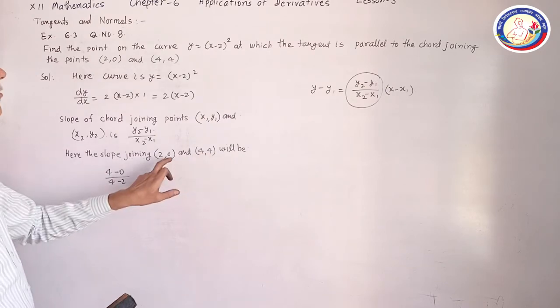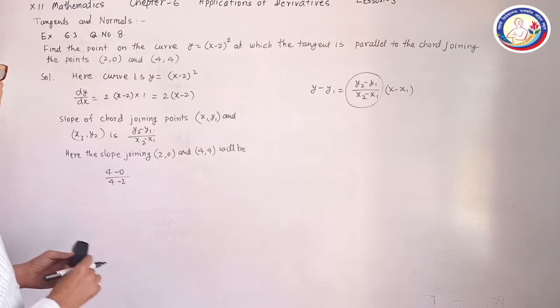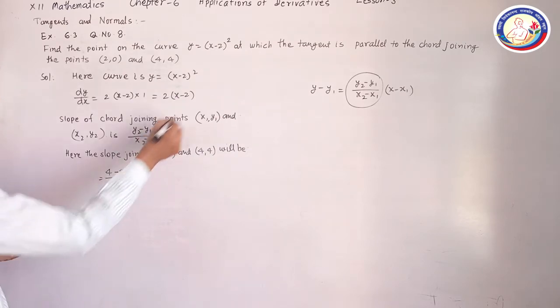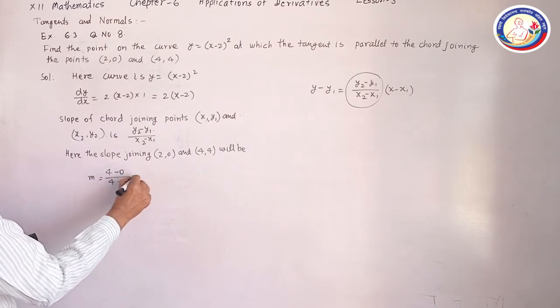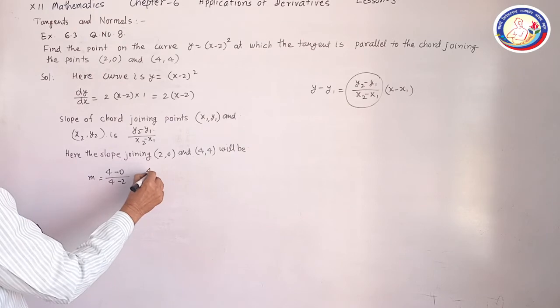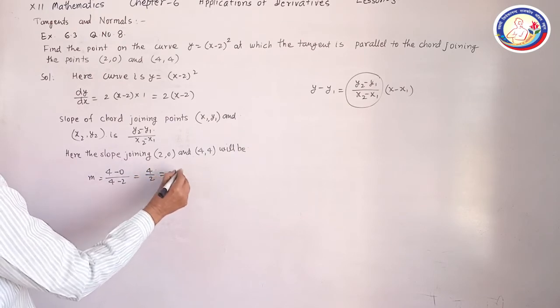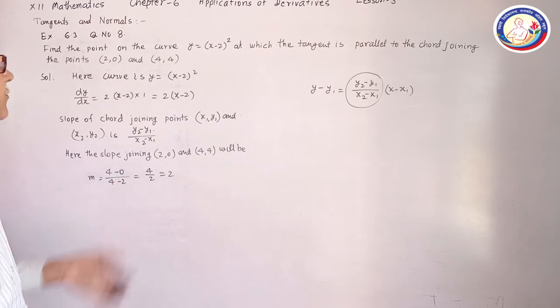The difference of y coordinates 4 minus 0, the difference of x coordinates 4 minus 2. Say this is m. Four upon 2, that is 2. So the slope of this chord is 2.